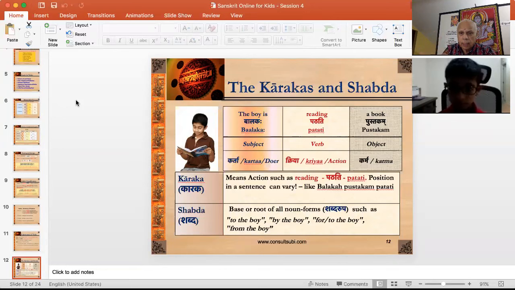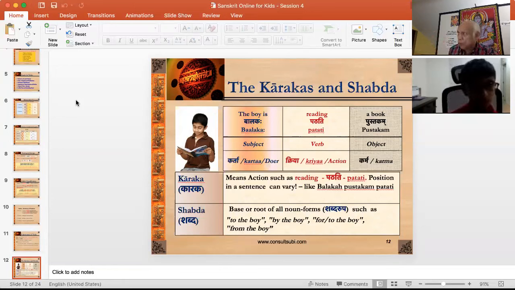One is a karakaha, which is the action. And the second one is referring to all the noun forms, which is shabda, which refers to the boy or by the boy, for the boy, from the boy, and so on. Okay. So the karakahas and the shabdas are 2 important aspects of verb in Sanskrit.